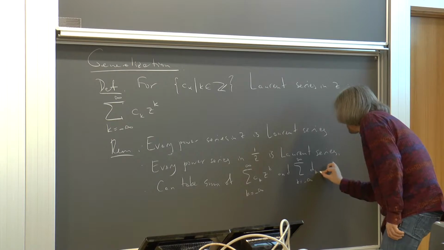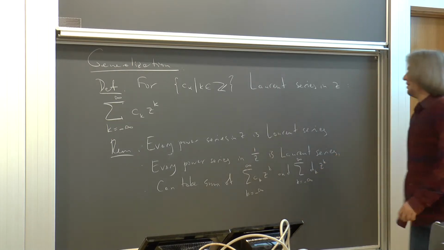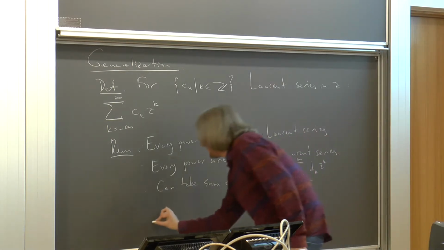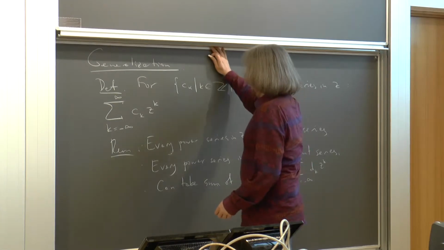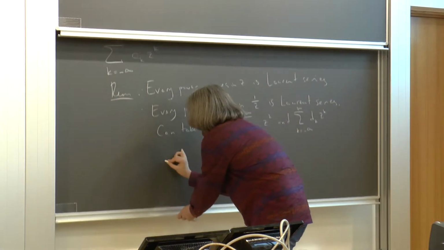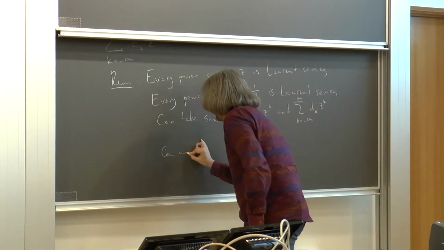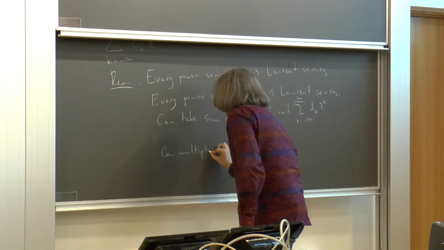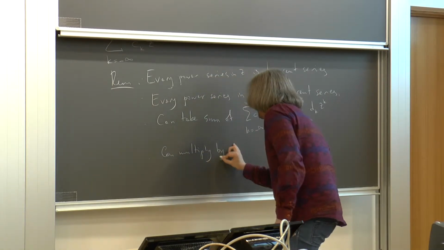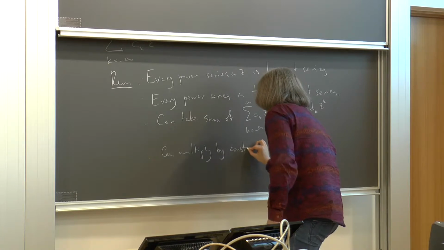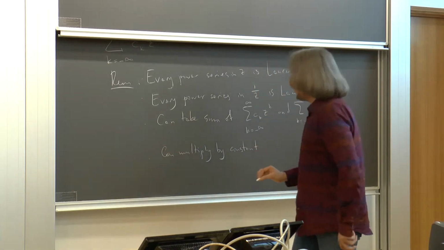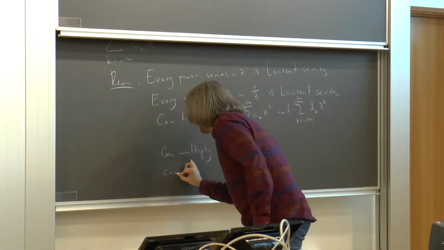Say dk, z dk. Can multiply by constant. What you cannot do is you cannot take product.